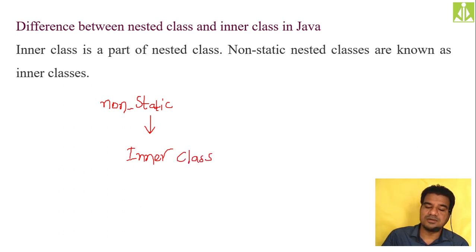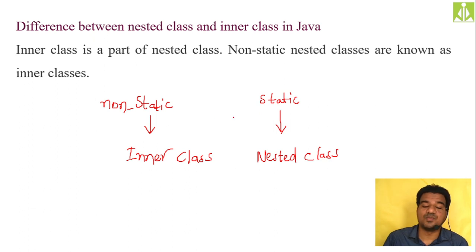So when I say inner class, you have to consider it as non-static. But if you make the inner class static, we call it a nested class. Remember this difference, it is very, very important.